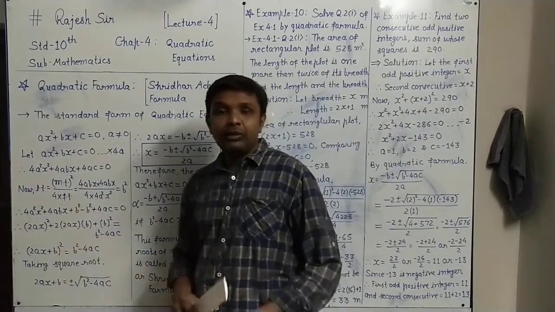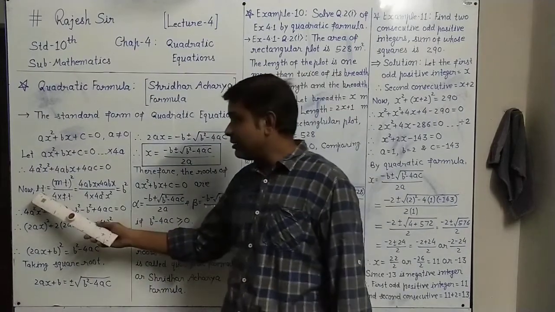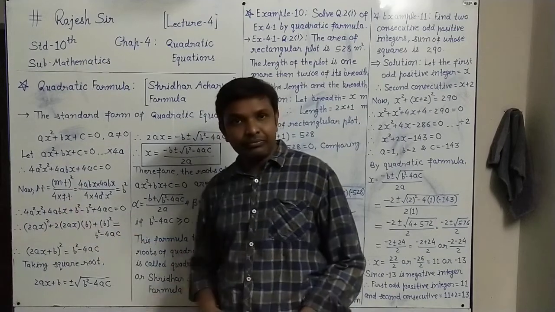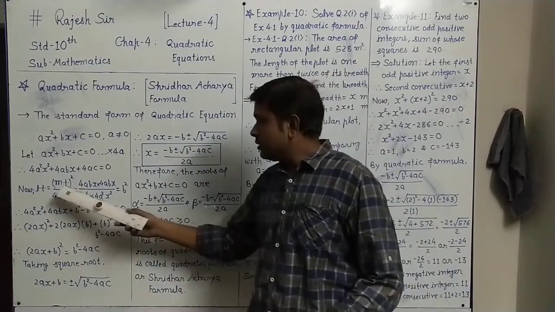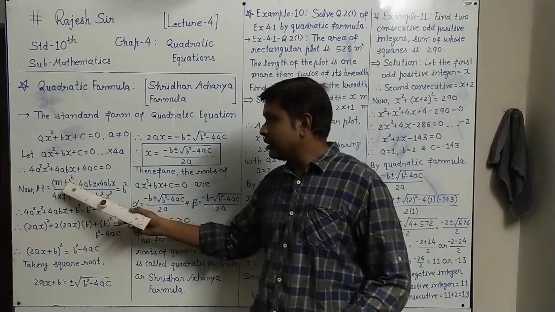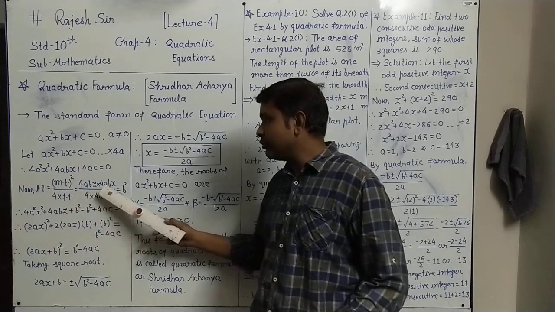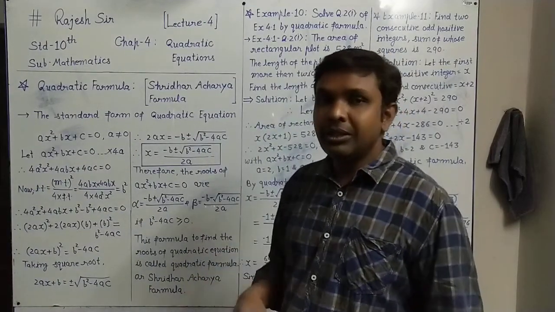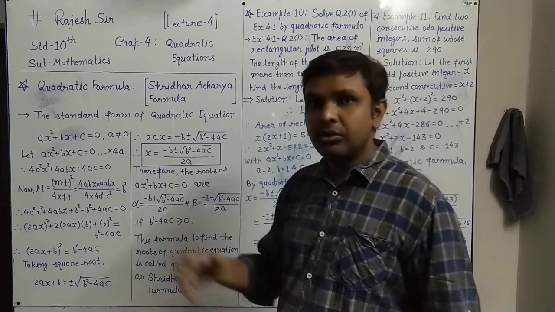Now you know in the method of completing the square, the last term equals the middle term whole square upon 4 into the first term. We place this here. The middle term in this expression is 4abx, and its whole square will be 4abx into 4abx, because of the whole square we have to multiply the same 4abx.